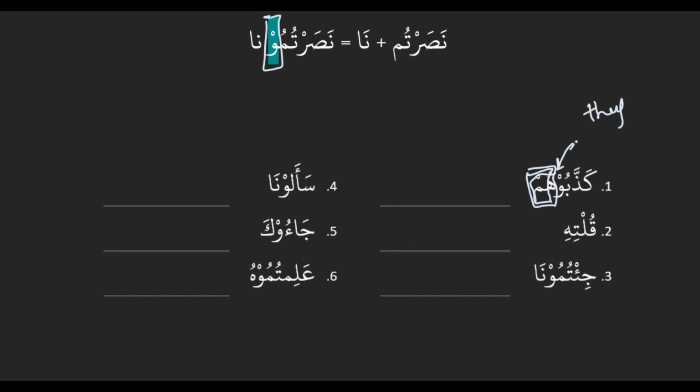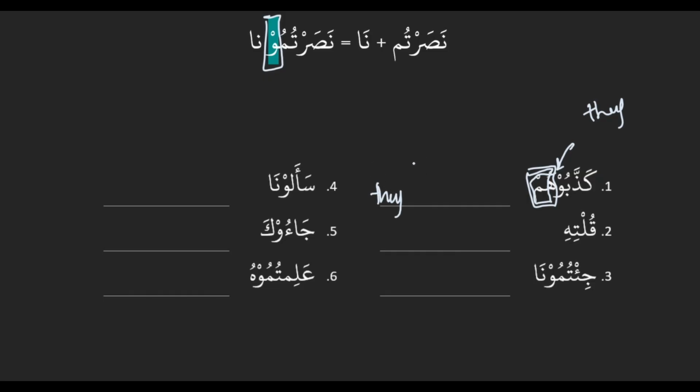Okay, help me translate this. We translate doer, action, receiver. So what's the doer here? They, the ooh ending indicator tells us that the doer is they. Good. And then kadhaba means deny, but how are we going to translate it in this case?